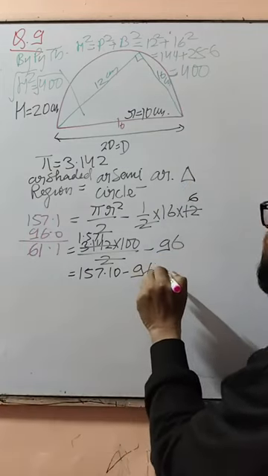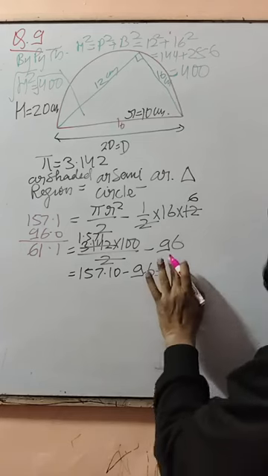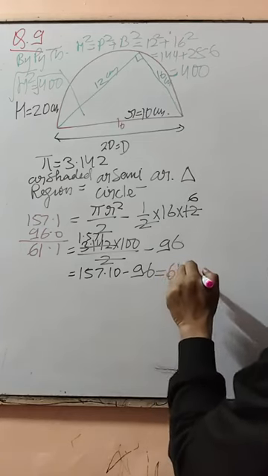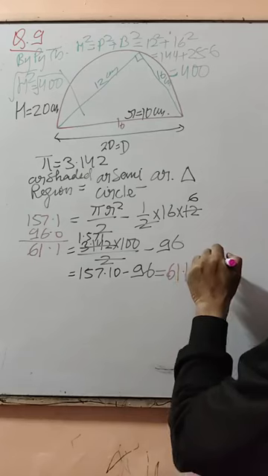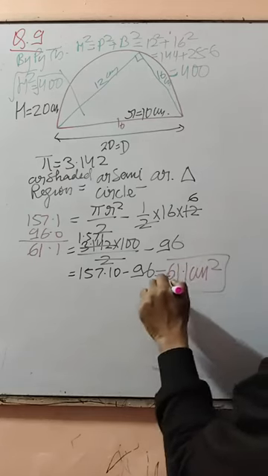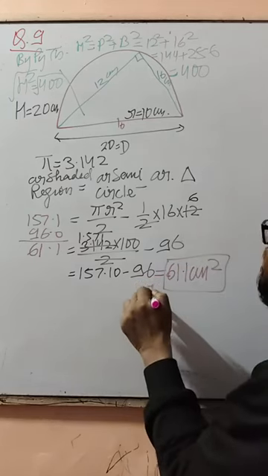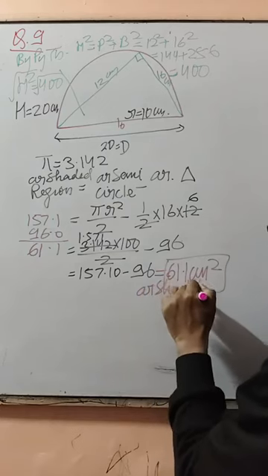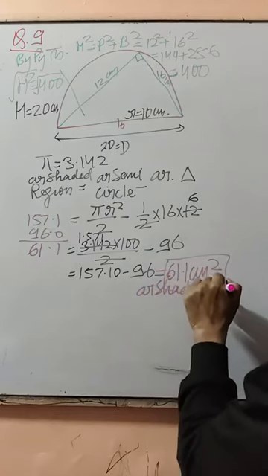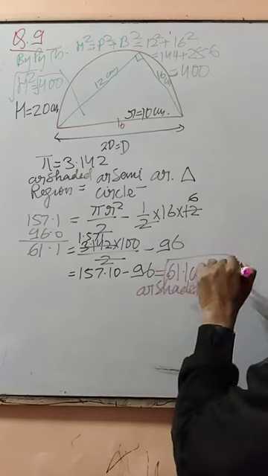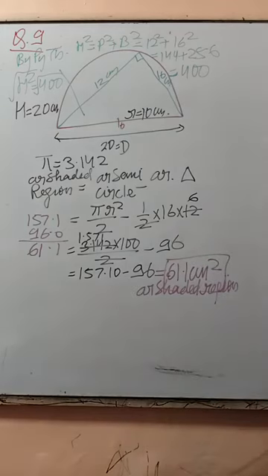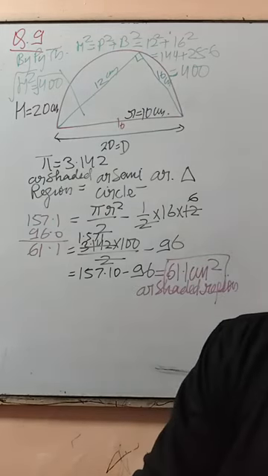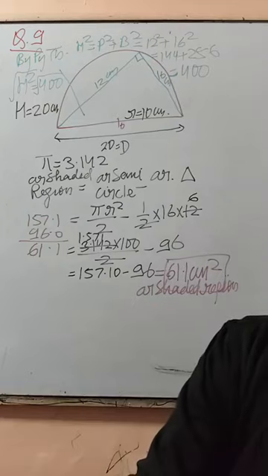So this is 61.1 centimeter square, the area of the shaded region. Done? This is correct? Yes.